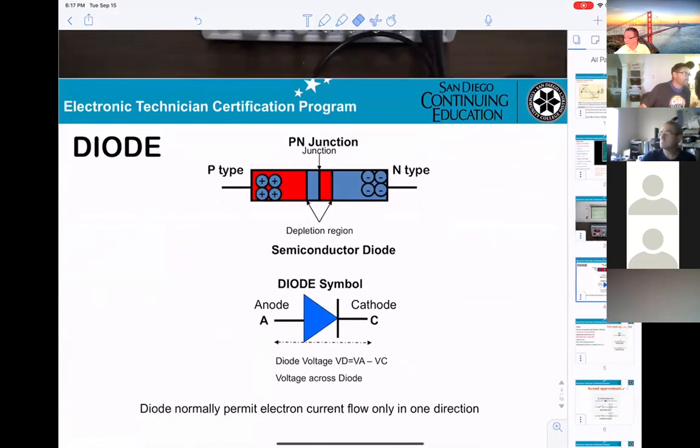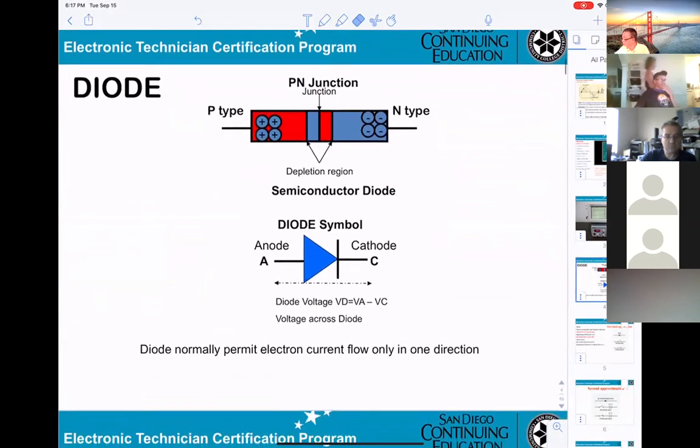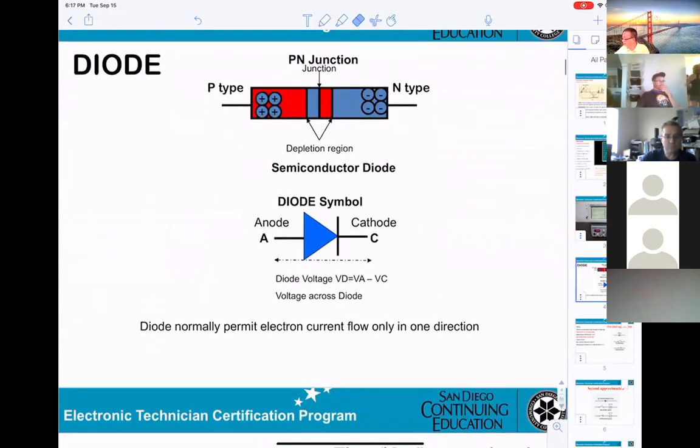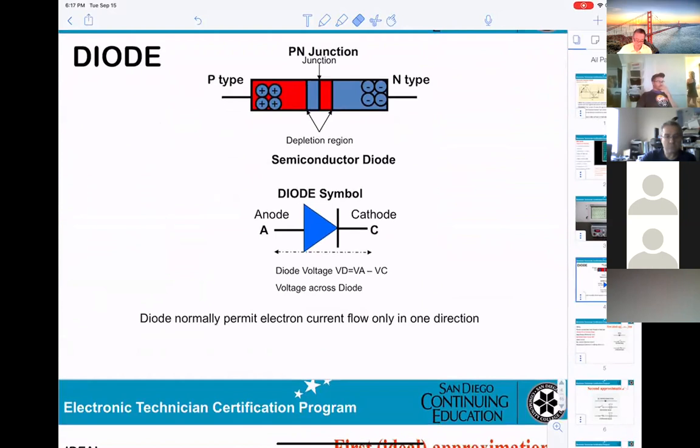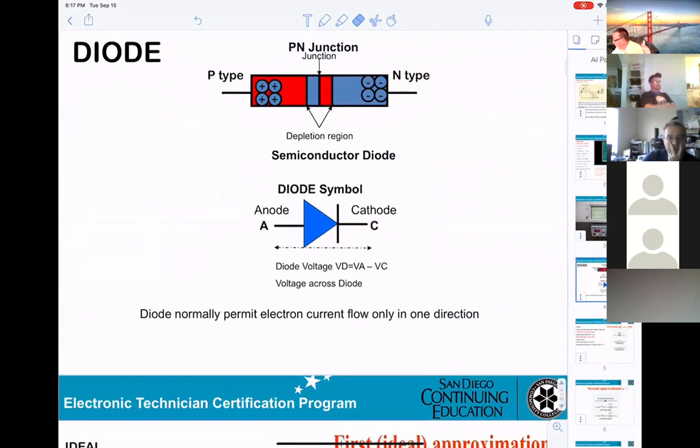Now, this is the main thing I want to do. First thing, talking about the diode. Basically, you get a piece of silicon or germanium, okay? On one side, it contains positive, on the other side, it contains negative.